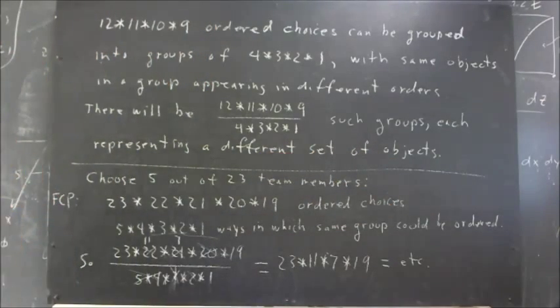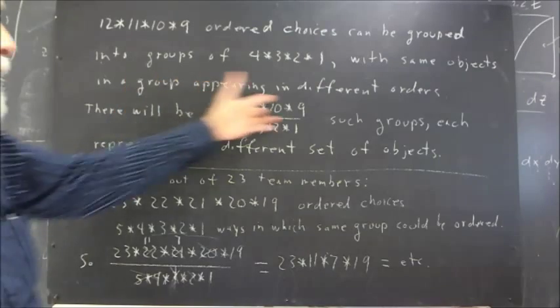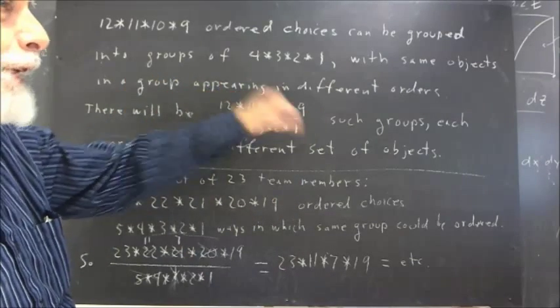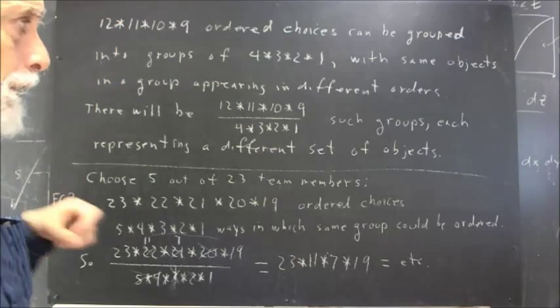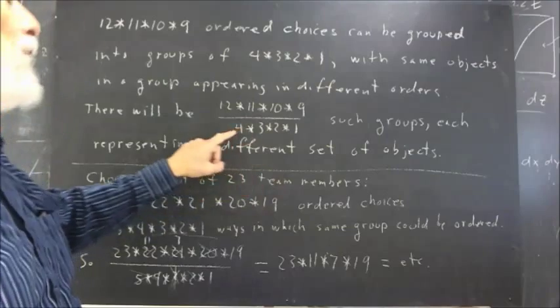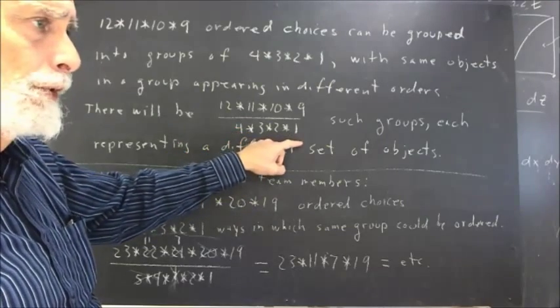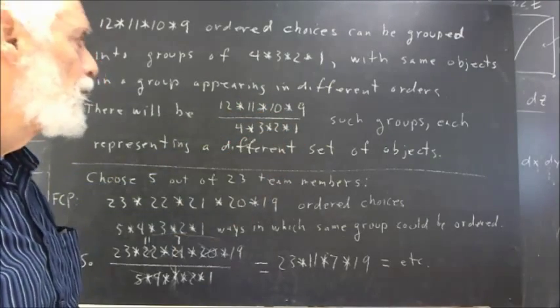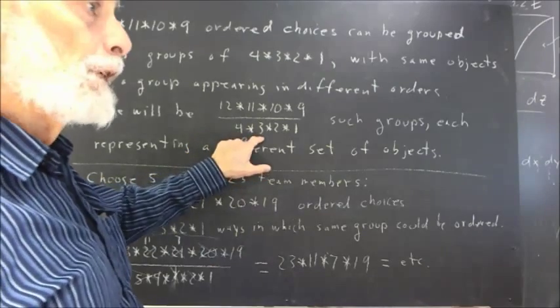And of course we can figure this out. I'll note that the way to figure this out is not to multiply 12 times 11 times 10 times 9, then multiply 4 times 3 times 2 times 1 and divide the results. 4 times 3, for example, is 12.